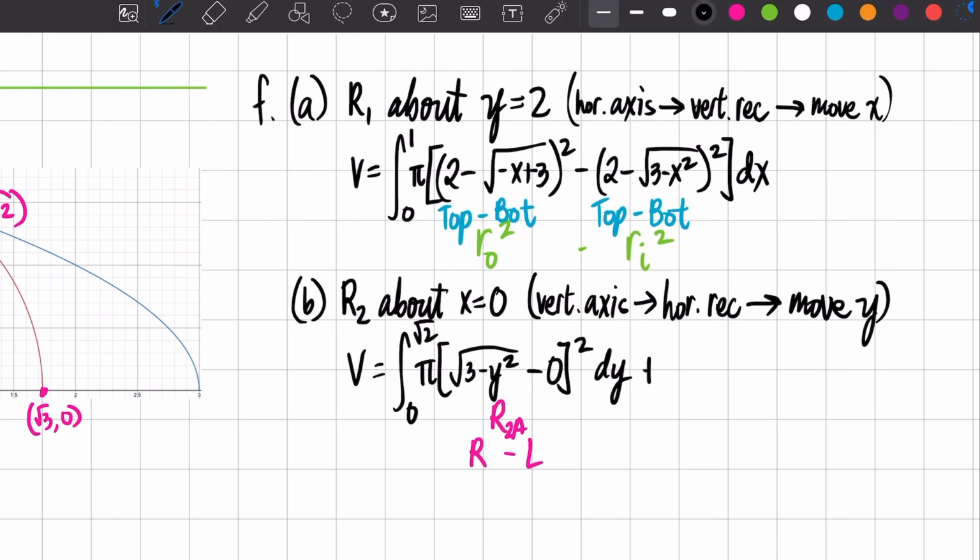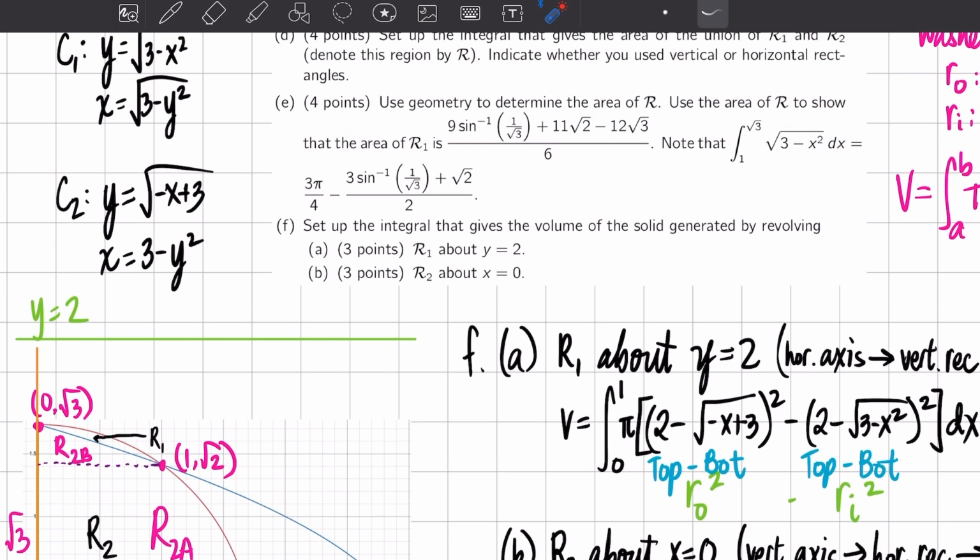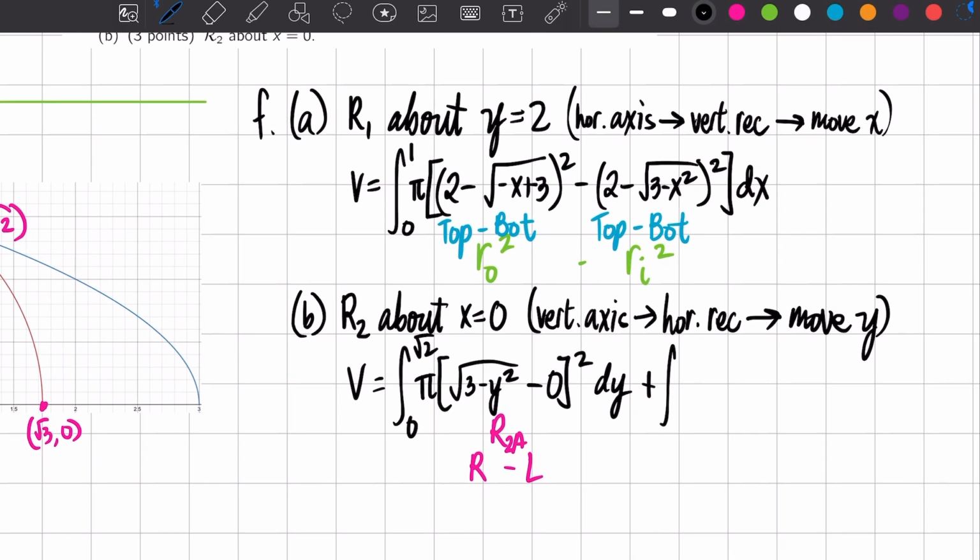And for the second one, it's the same situation as what we observed a while ago. You only have one radius since the axis is part of the boundary of this region. So to obtain this radius here, you just subtract the left curve from the right curve. And the right curve is this one, x equals 3 minus y squared. So you have 3 minus y squared minus the equation for the left curve, which is x equals 0.